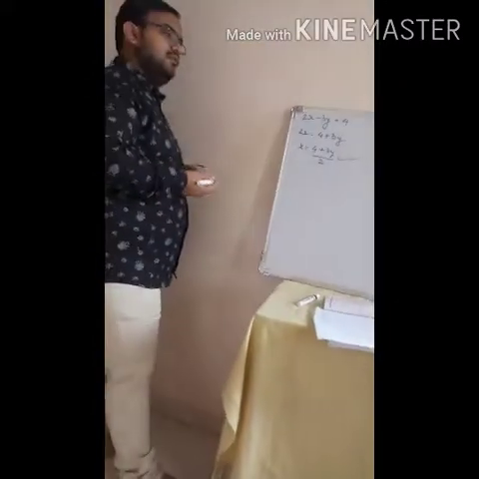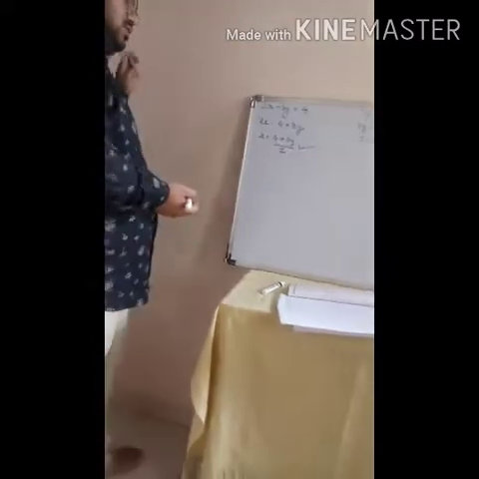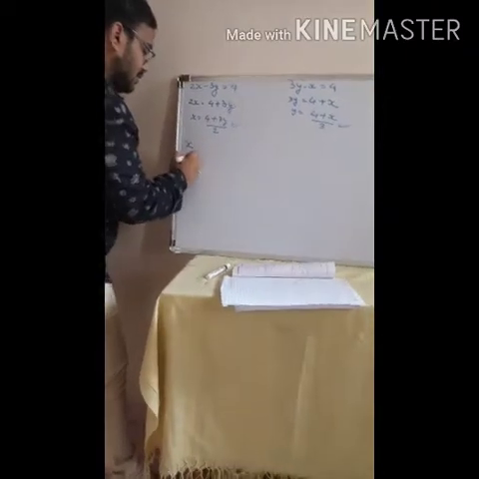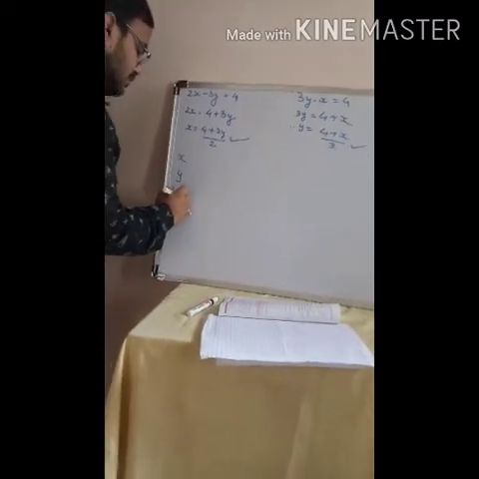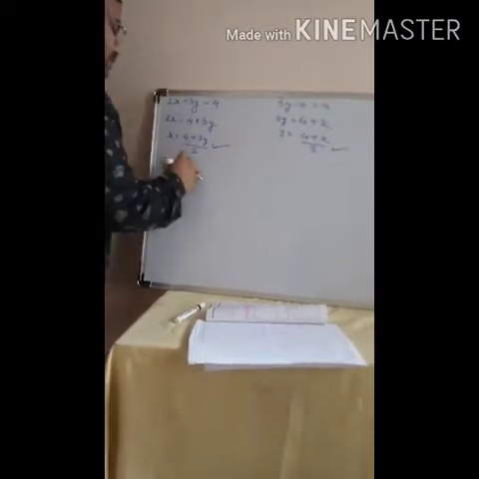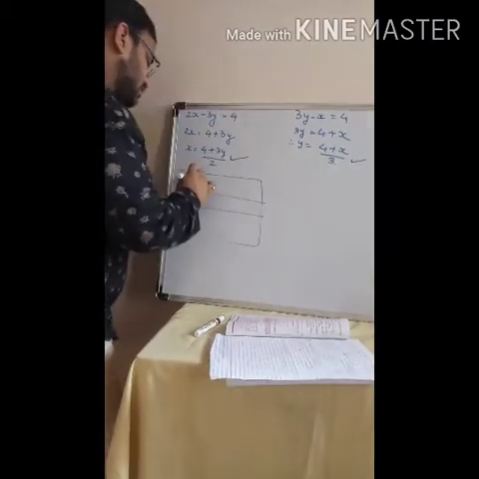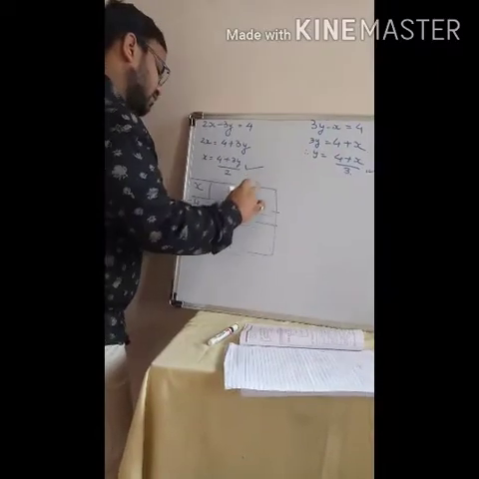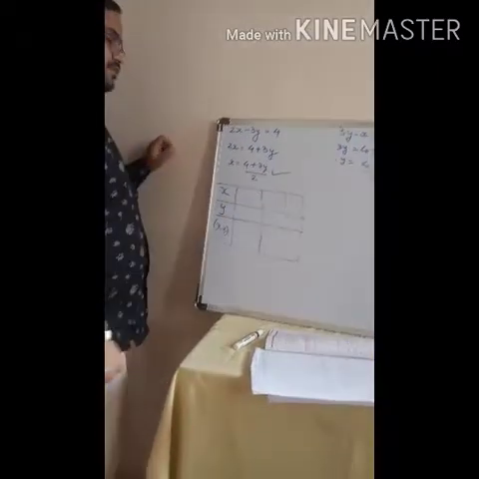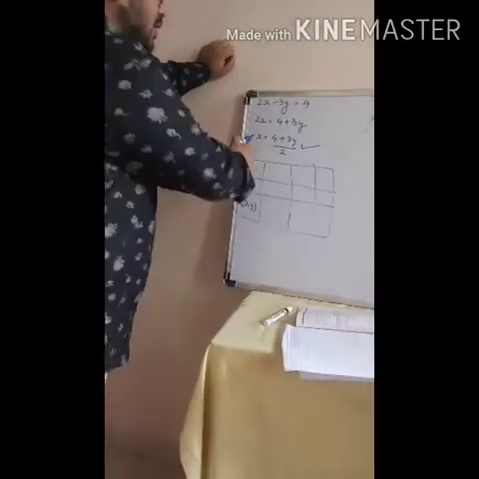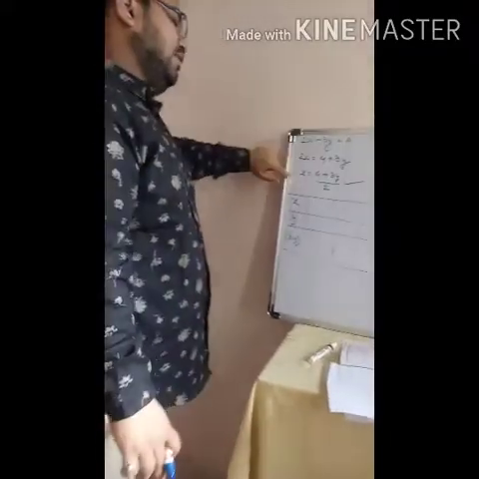Okay. Now same procedure. We have to take the ordered pairs, x, y. See the first. You have to take a value of y first, so you get a value of x.